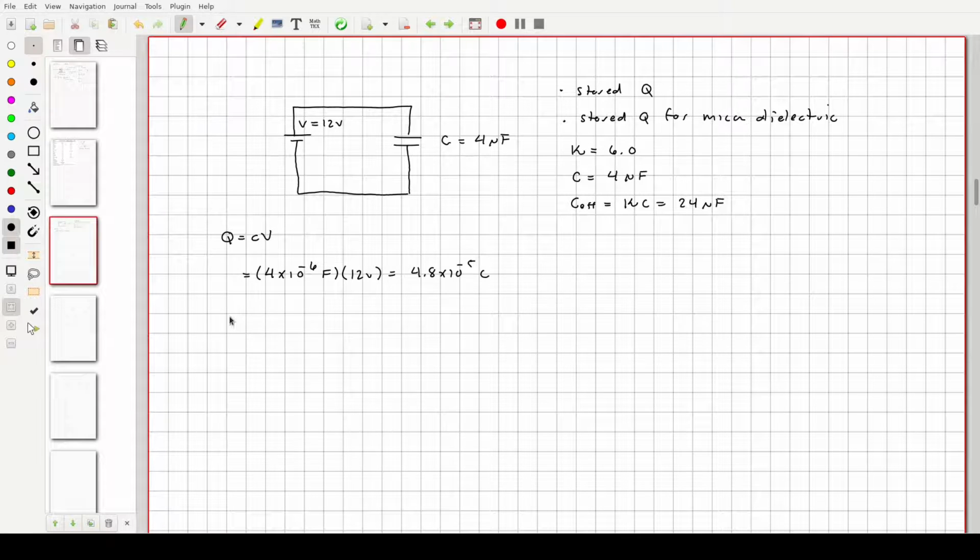Now, when you do the dielectric, things change. 1.88 times 10 to the minus fourth.